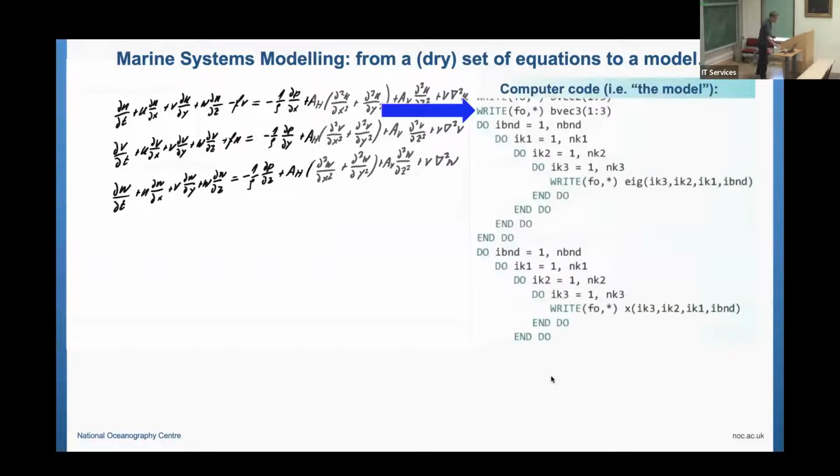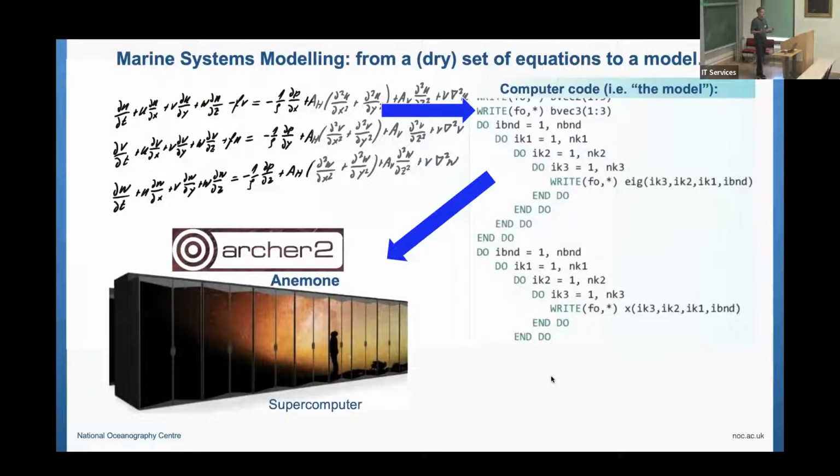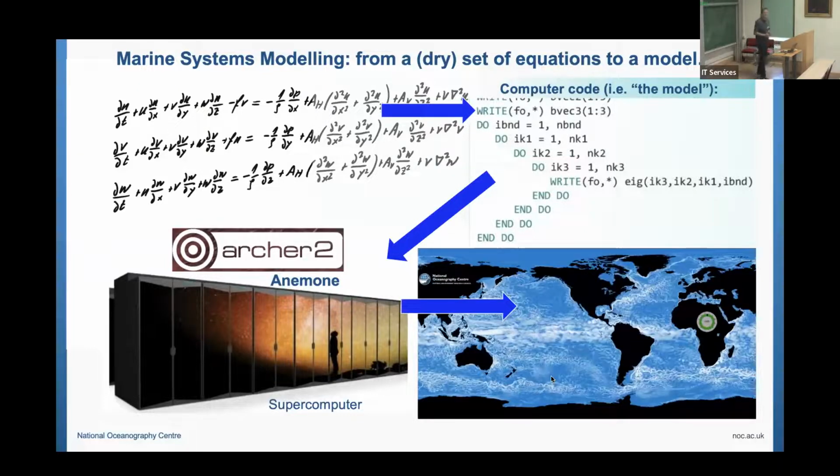So we have to convert that into some computer code that then has to be run on a computer. For the example that I've shown before, it has to be a supercomputer. Shown here is ARCHER2, which is the main supercomputing facility in the UK, based in Edinburgh. And this is how we actually get these results.